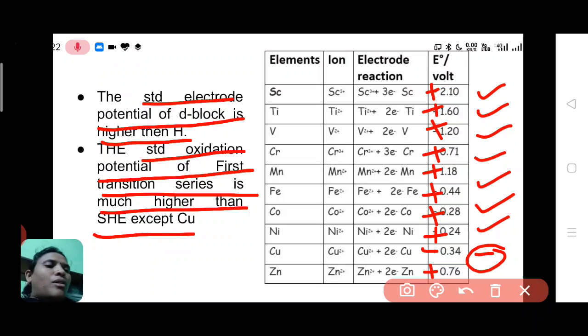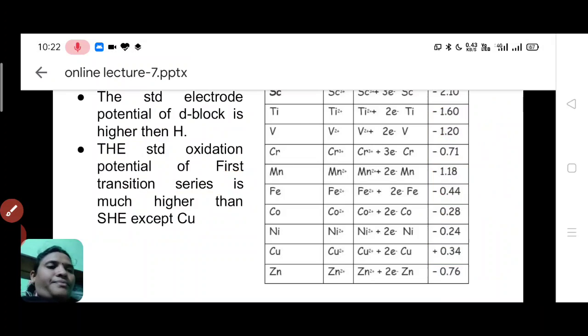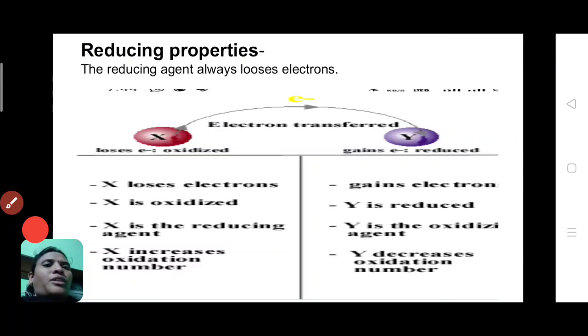So here copper can lose electrons easily. That's why its value is opposite to all the other elements. Now next, reducing properties.